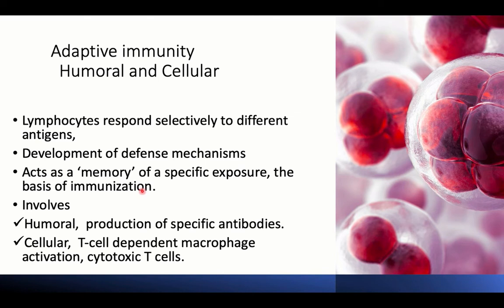On re-exposure, we have memory cells that will initiate a selective immune response. The humoral component is formed by B lymphocytes through production of specific antibodies, and the cellular component is T cell dependent, which will result in macrophage activation and cytotoxic T cells.